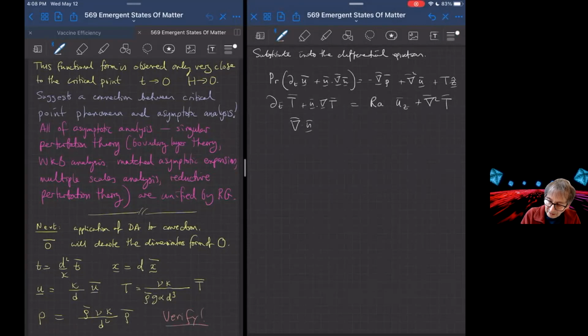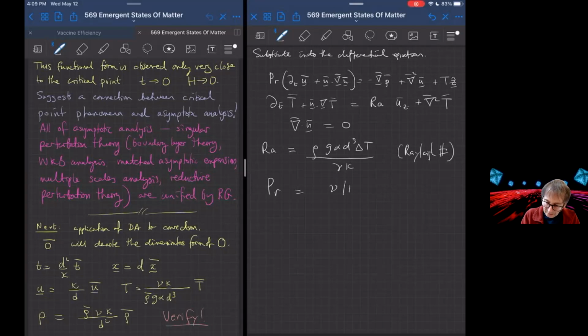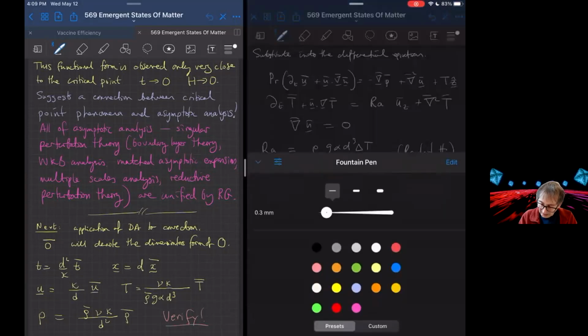Everything, as you can see, has a bar in it. Okay, it gets a bit tedious to keep writing these bars, and so we're going to drop them from now on. So this is the Rayleigh number, and the Prandtl number is nu over kappa. Okay, so let's just make sure that everybody understands this.